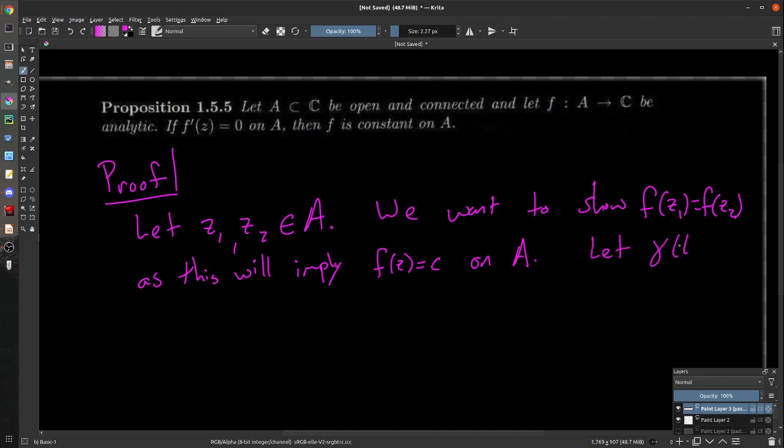Let gamma of t be a path joining z1 and z2.